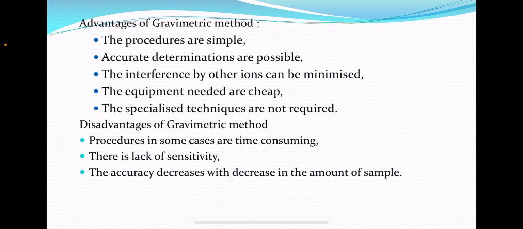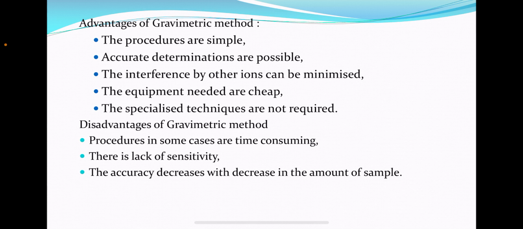Next are the advantages of gravimetric analysis. The procedures are very simple. All the procedures which we do in gravimetric analysis are very simple, and accurate determinations are possible if we use a very good balance for weighing. With a 3-digit or 4-digit balance, definitely we can determine the mass of the substance in an accurate manner.